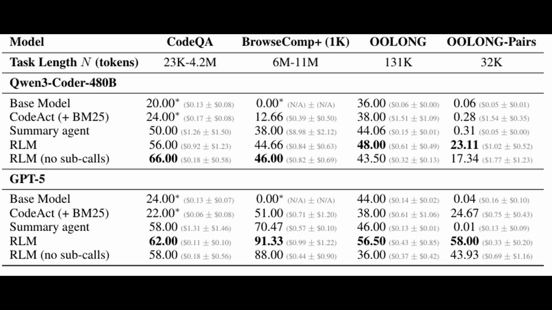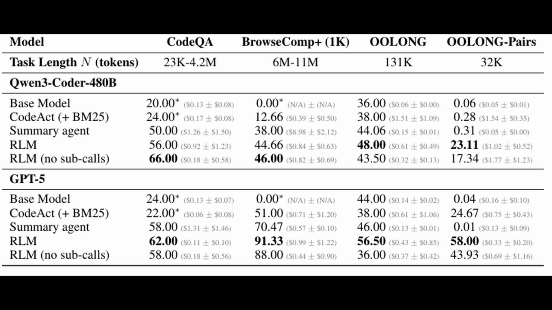This table is packed with information. We can see they compared base models, CodeAct with BM25, a summary agent approach, the full RLM, and an ablated RLM without subcalls. And across 4 different tasks, Code QA, BrowseComp-Plus, OOLONG, and OOLONG Pairs.